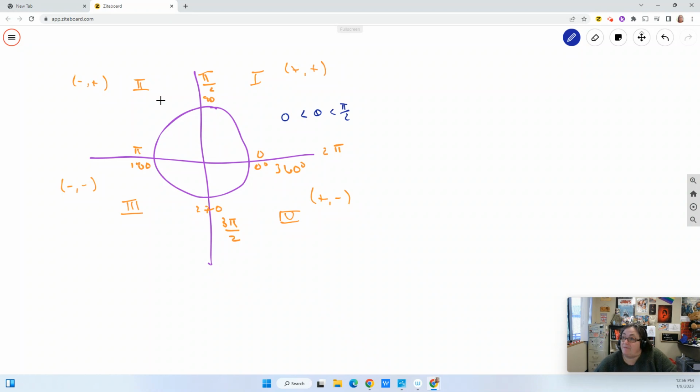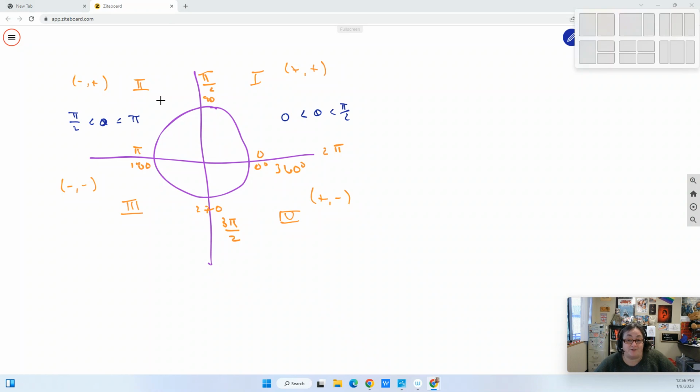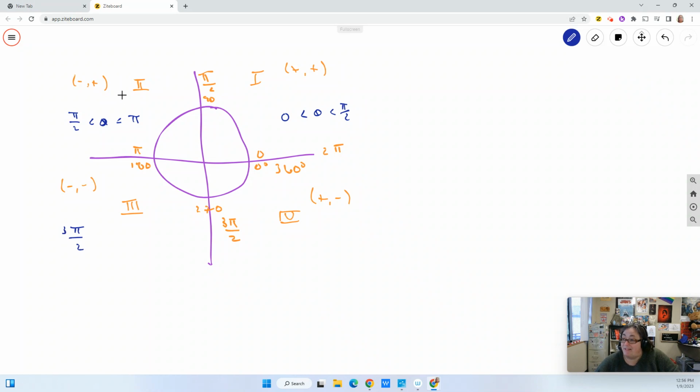And then any theta from pi over 2 to pi falls in this quadrant, right? And so this one, we're going to say from pi, I don't know why I drew a line over it. Here, we'll turn this to 3 pi over 2, and we'll go theta. I'm just going backwards. Why? Because I screwed up.